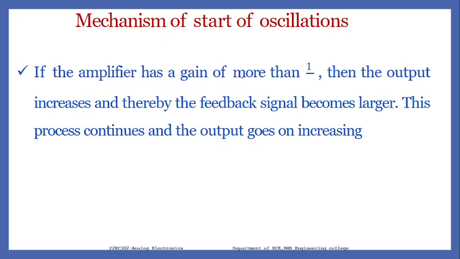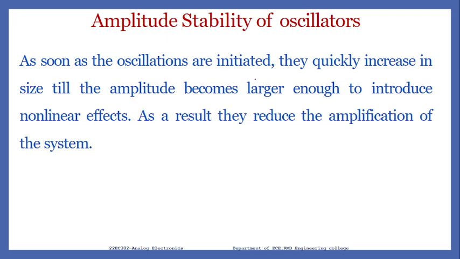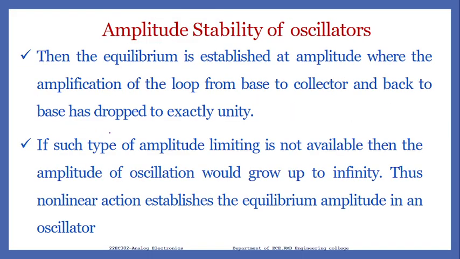If that noise is the input of an amplifier, the noise level will be further increased. That is, the amplitude becomes large enough to introduce non-linear effects. So we need some equilibrium condition, that is, some amplitude limiting conditions. For that reason, we attain the amplitude equilibrium condition by using some non-linear operations.